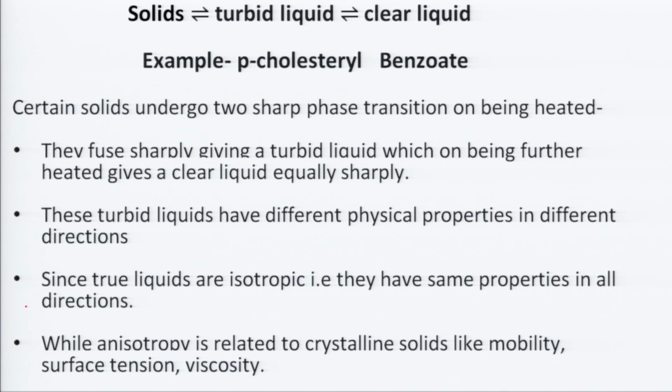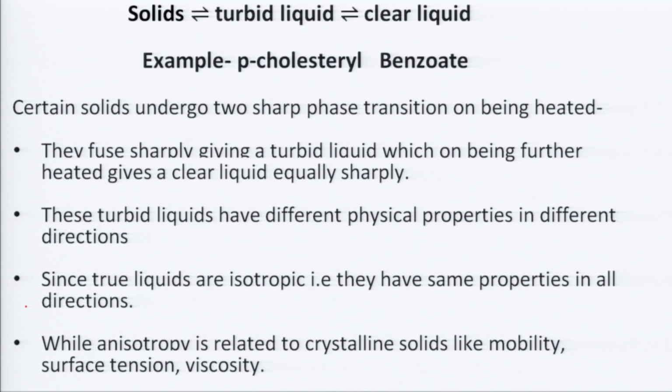So, the question arose that what is this in between state which is neither a pure liquid nor a pure solid, still shows some of the properties of a liquid and some of the properties of a solid. So, this mesomorphic state or the in between state or the intermediate state of matter, which shows partial characteristics of a crystalline solid and partial characteristics of a pure liquid, is termed as the liquid crystal state of matter.